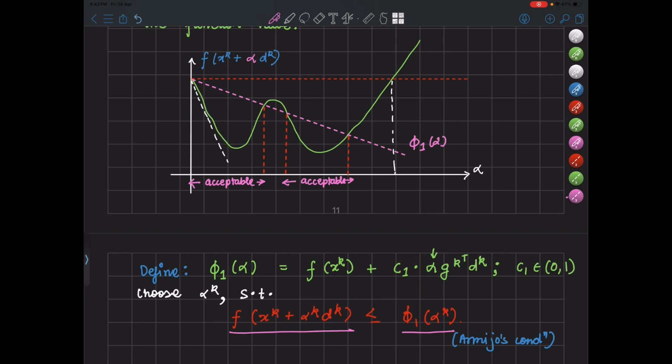According to the Armijo condition, these are acceptable alphas. Now this solves the first problem: the decrement in function value should be significant.